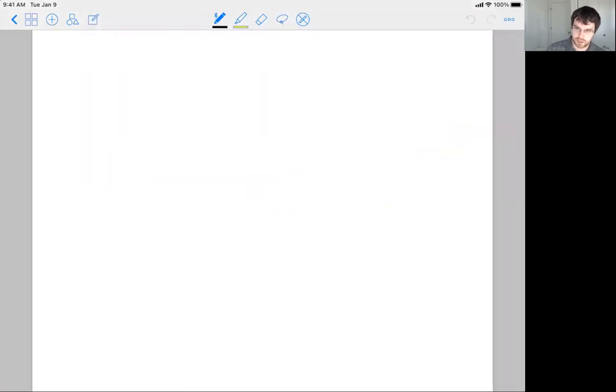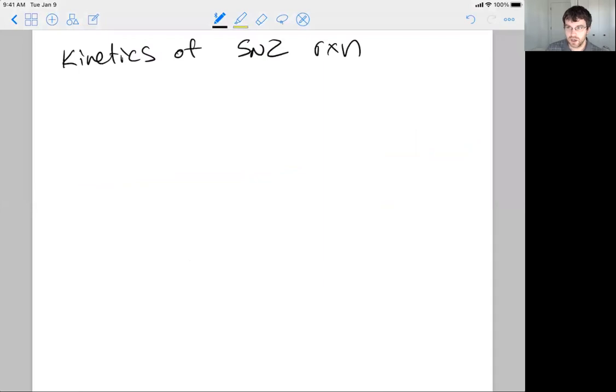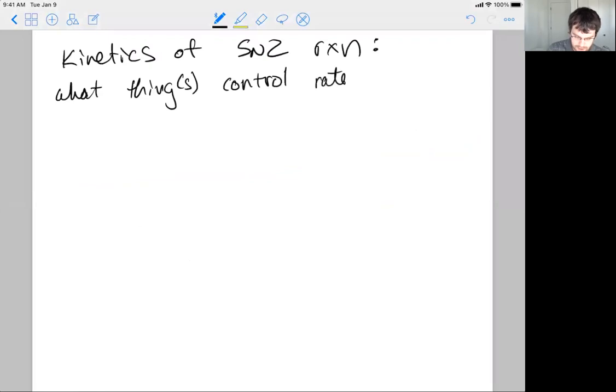What I want to do is build the rate law for the SN2 reaction. The kinetics of the SN2 reaction make a nice discussion because we want to answer the question: what thing or things control the rate of the reaction?